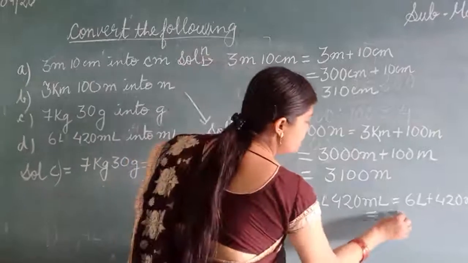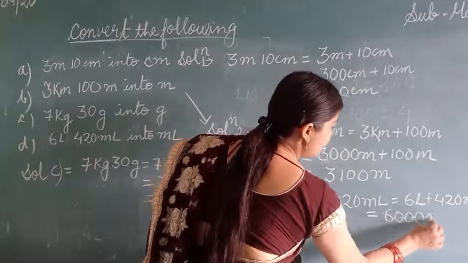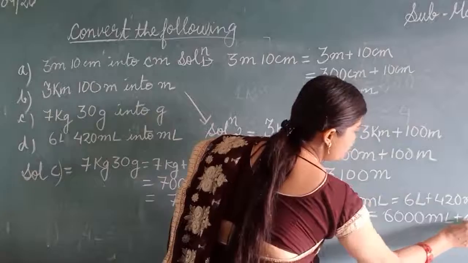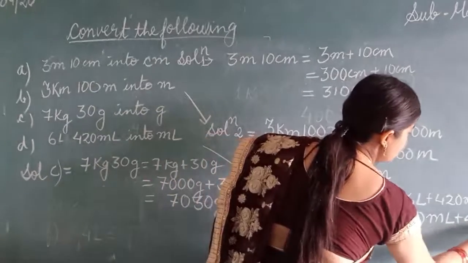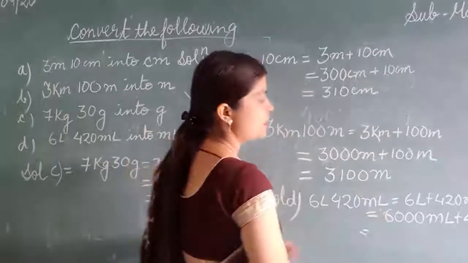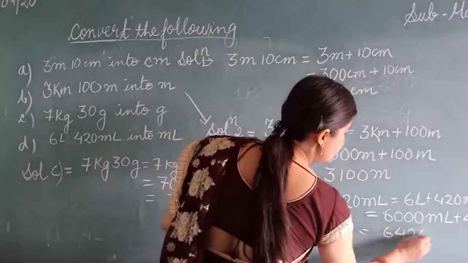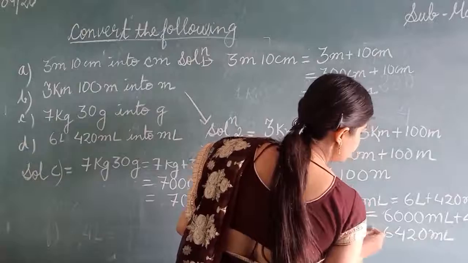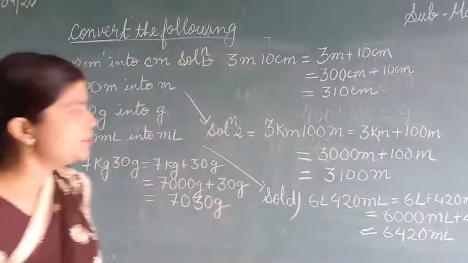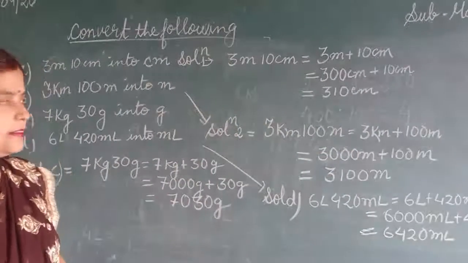That means we put 3 zeros on the right hand side, and now we add both the milliliters. You will get 6000 plus 420 milliliter, which is 6420 milliliter. So like that you can do the conversion.